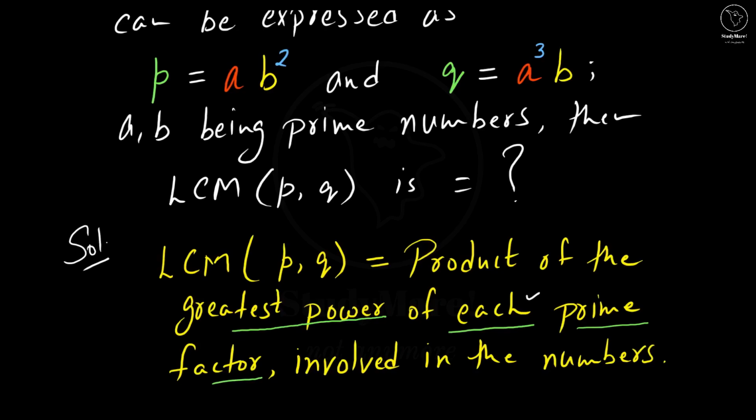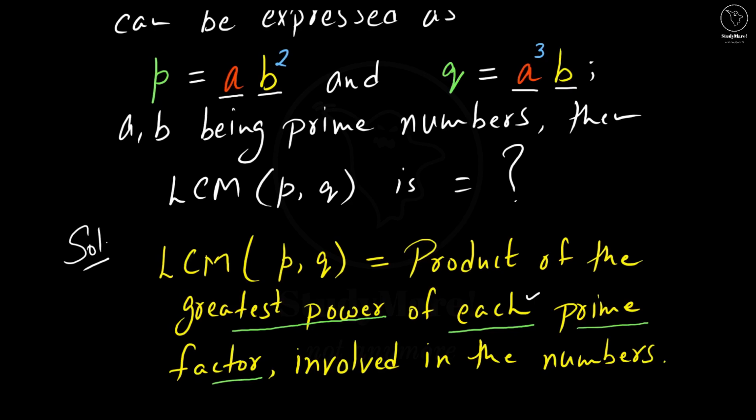Applying this in our question, the first is each. Each means we have a here, we have b here, we have a here, we have b here. That means we have to take a as well as b. Had there been, let's say, c in P and d in Q, then we would have considered that c as well as d, although this was different in HCF.